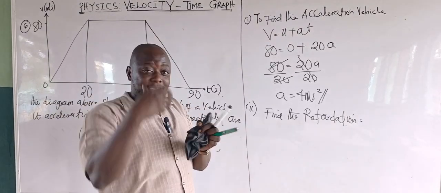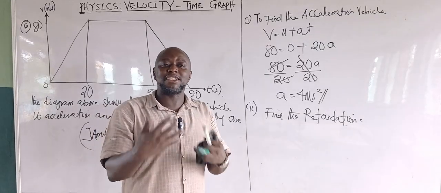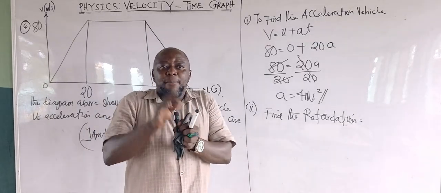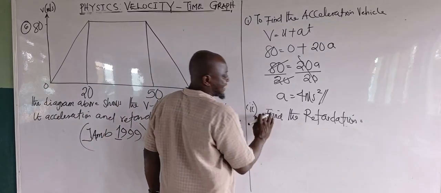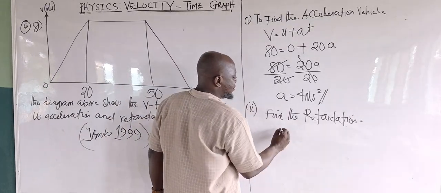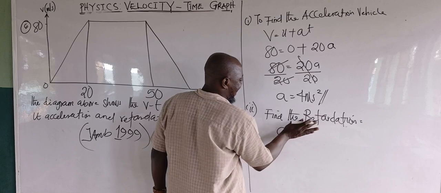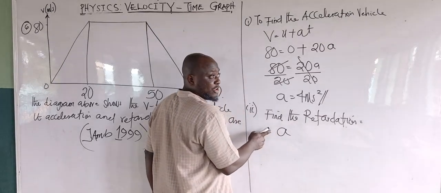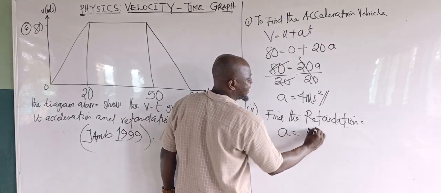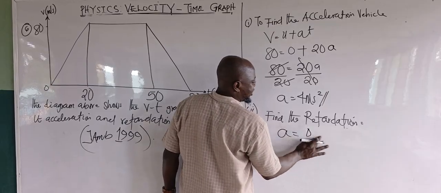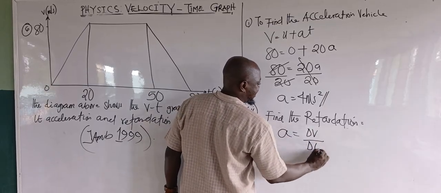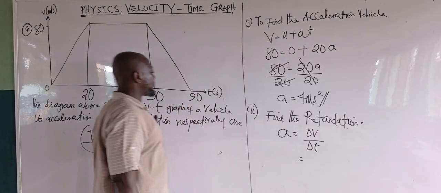Retardation and deceleration go together, but they are the opposite of acceleration. So how do we do that? For this case, I'm going to use this variable where we say retardation, which is A, the same A you are going to use there. So we say it's change in V over change in T. That's what we know.